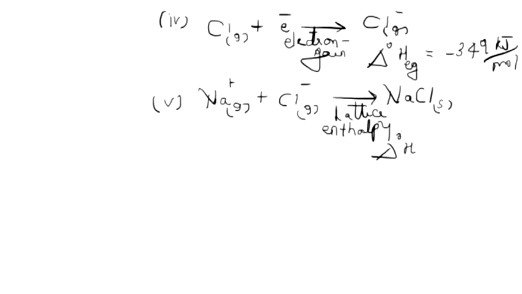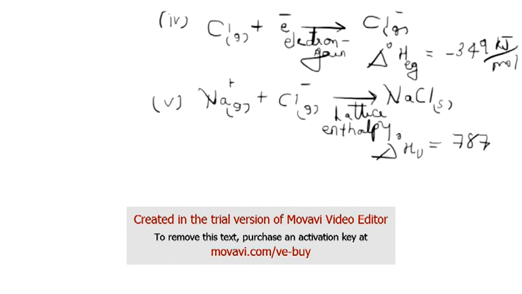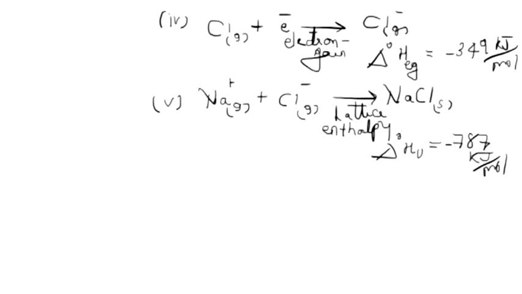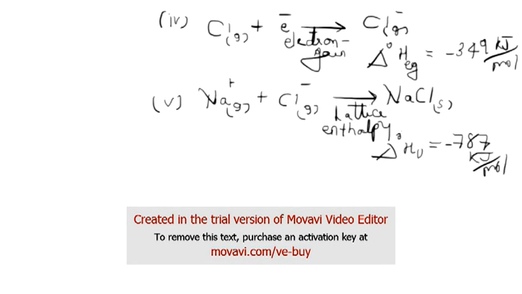Thus, the standard lattice enthalpy for NaCl crystal is about minus 787 kilojoules per mole, and this value is generally given experimentally and not calculated theoretically. The value which I'm giving you is an experimentally evaluated value, and for now we would be using this value as such so that we can understand this theory. But otherwise, these values have to be calculated experimentally.